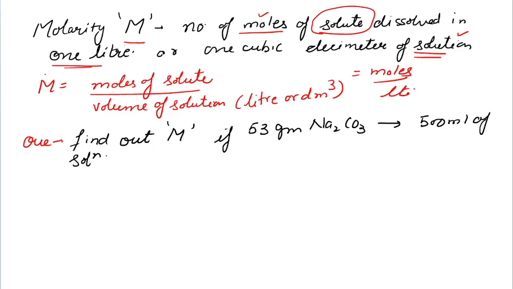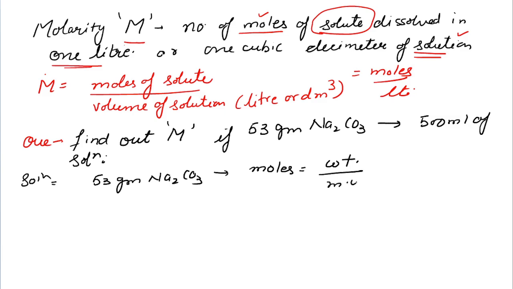Here we have 53 gram Na2CO3, and how can we find the moles? The formula is moles equals given weight upon molecular weight.